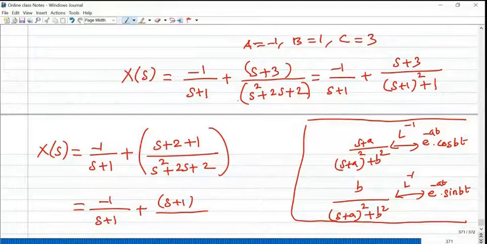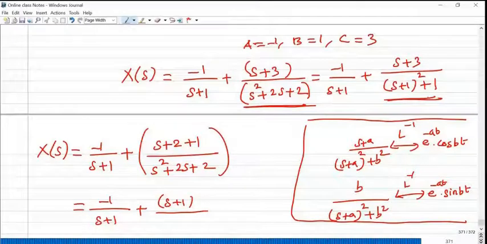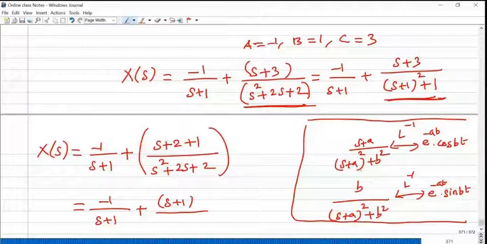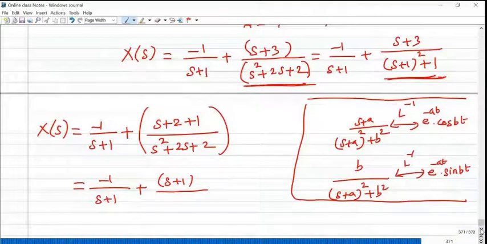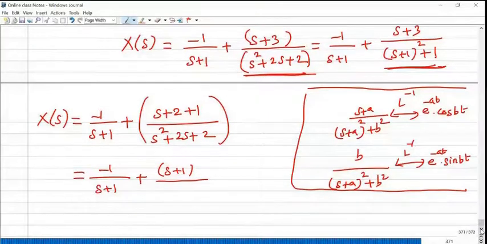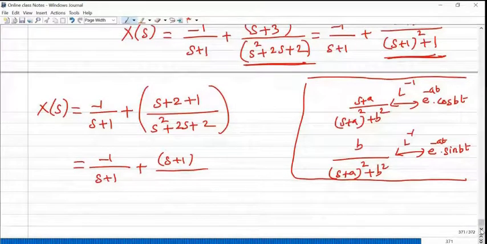Both are the same, correct? s square plus 2s plus 2. If we expand s plus 1 whole square and then add 1, you will get this answer. Okay. Why are we doing this? We have the formula with s plus a whole square plus b square in the denominator. Now s plus 3 is written as s plus 2 plus 1.